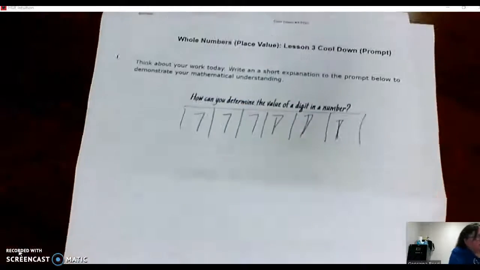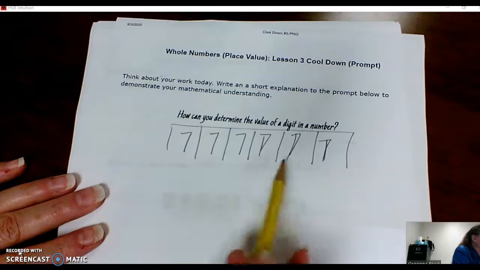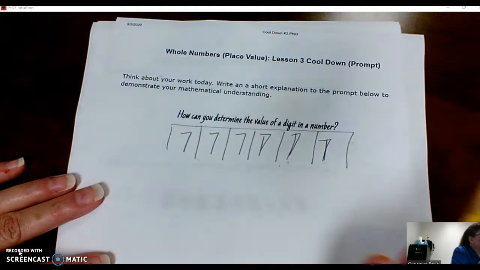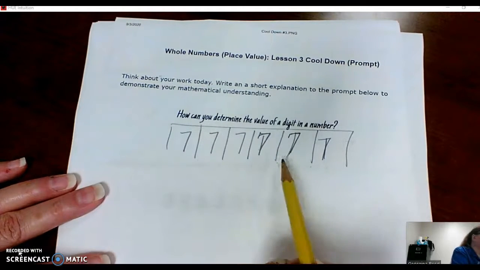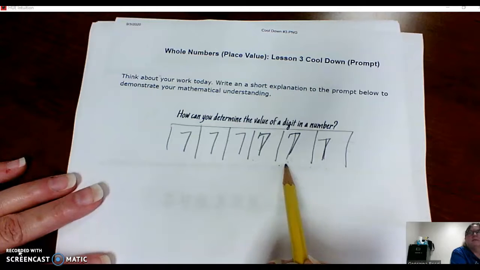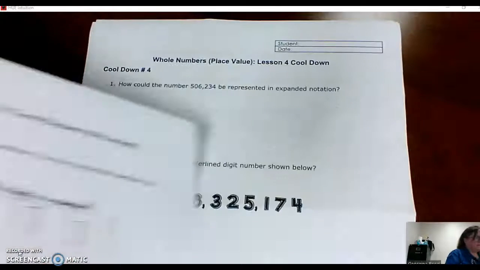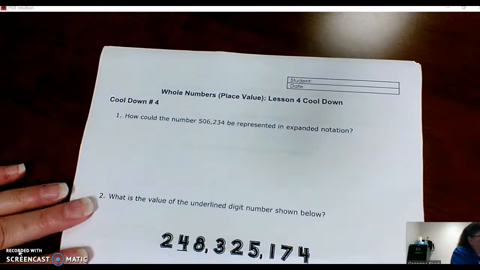So remember, we determine the value of a digit based on its location in the place value chart, wherever it is, because as we talked about, this 7 is not the same amount as this 7, so it's based on where it is in the place value chart. Then we need to understand expanded notation.